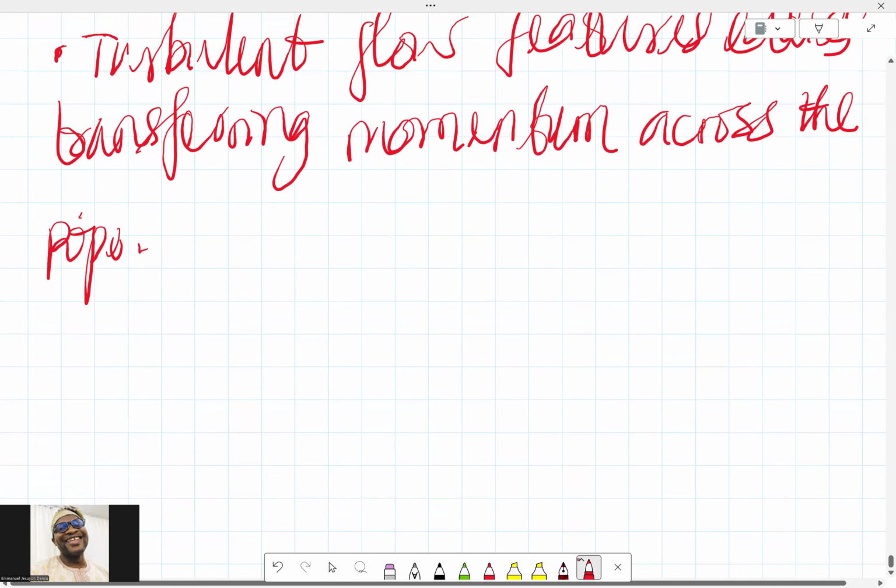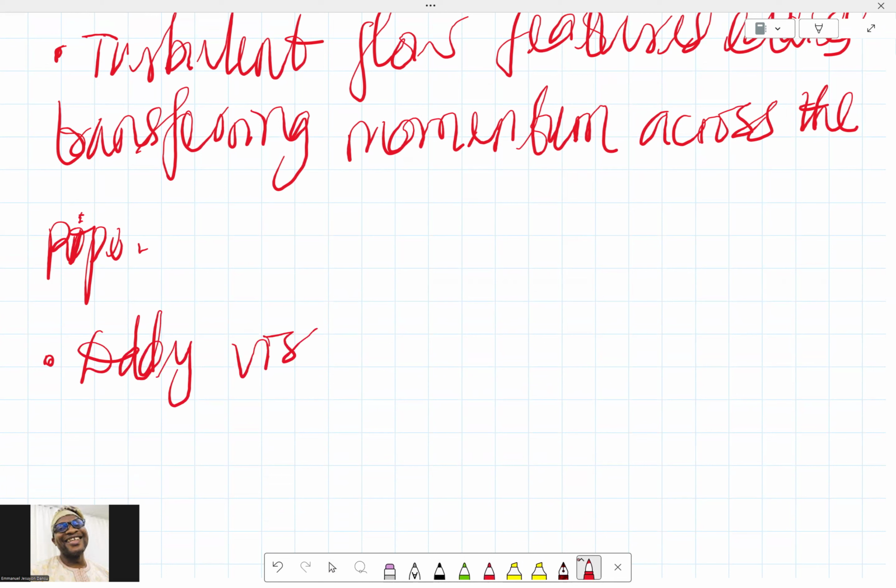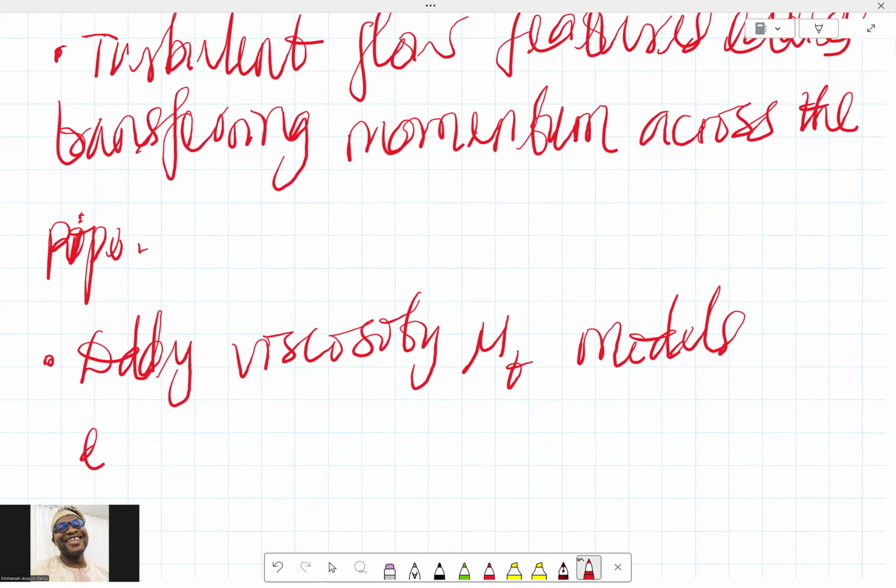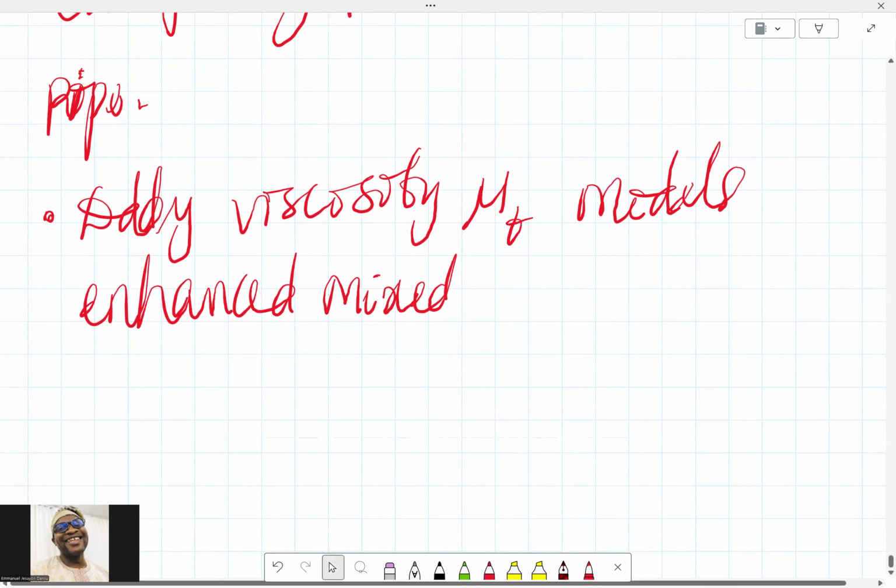Then we have eddy viscosity, mu T, which models enhanced mixing, because for turbulent flow mixing is high.